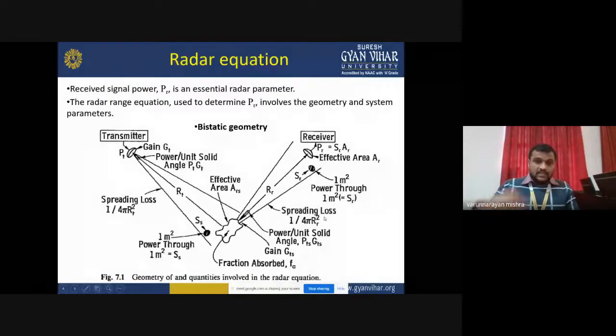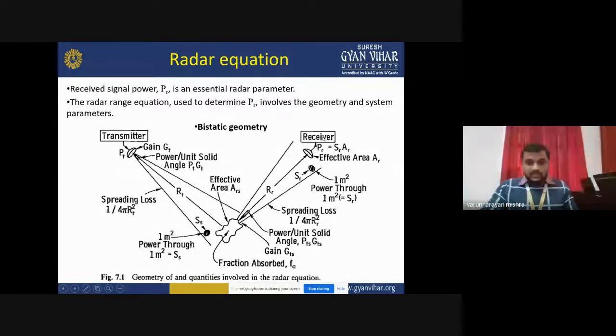This is the bistatic radar system in which you see there is a transmitter that transmits the signal, and there is a receiver that receives the signal after the interaction with the target, after the interaction with the object. So there are different terminologies: gain pattern of the antenna, then the spreading loss, since some part of the energy can be lost.